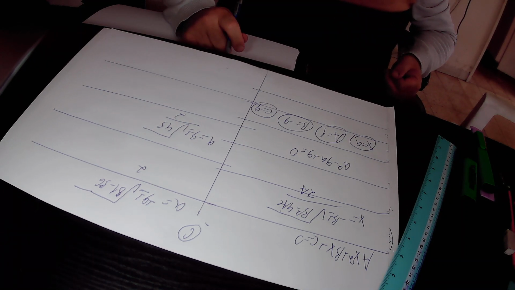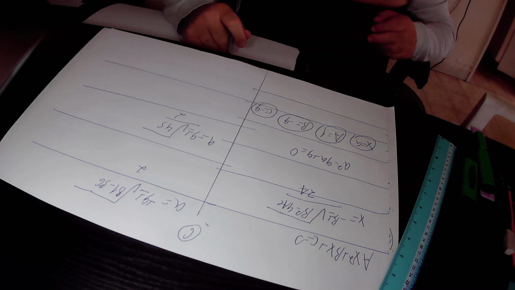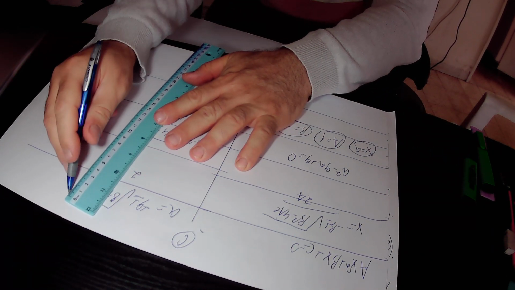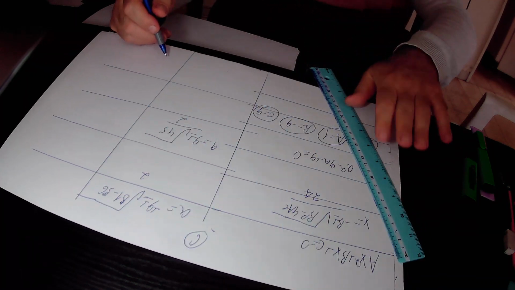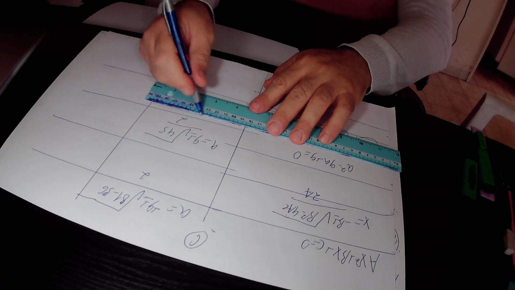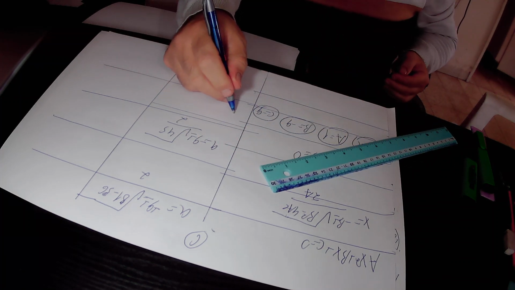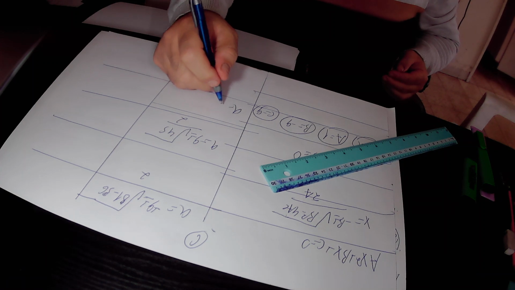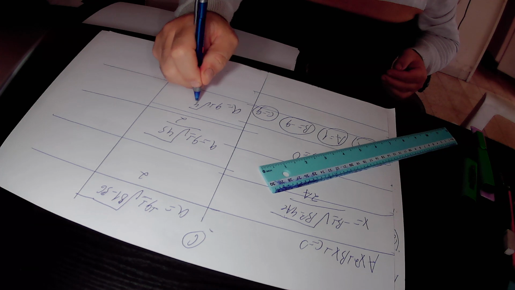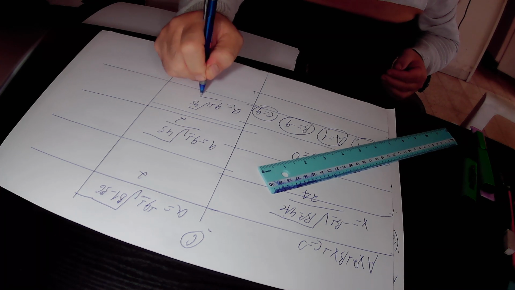Here we will have two possible solutions for a. The first solution for a, that is the radius of the small circle, a equals 9 plus the square root of 45, over 2.